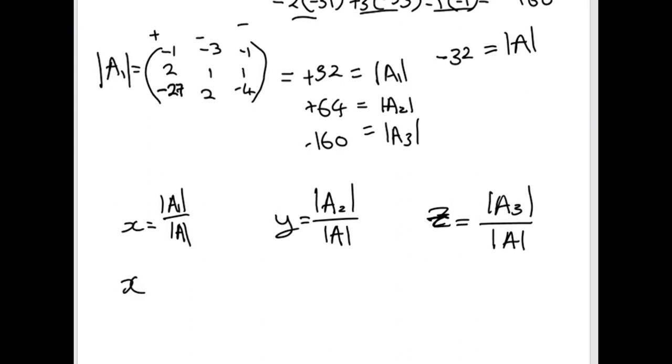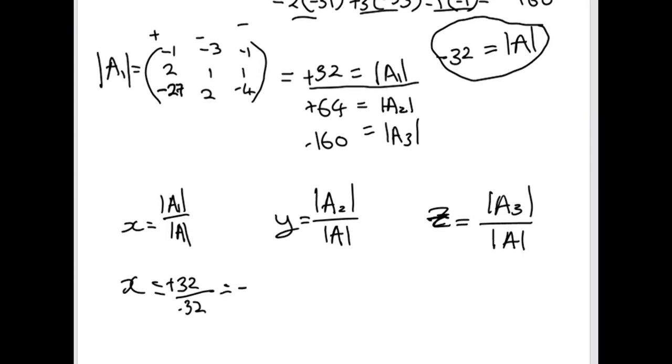So my first augmented matrix was 32 all over my original matrix. Take notes, it's negative 32. So negative 32, positive divided by minus is minus. 32 divided by 32 is 1.